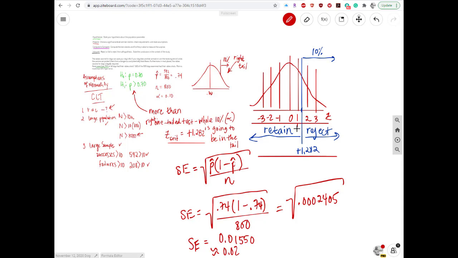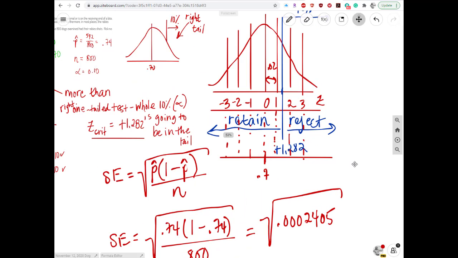I'm going to make a little dotted line here. That's my 2, my 3, my 0, negative 1, negative 2, negative 3. And right here, my 0 is going to be the population proportion, so 0.7. And this distance is going to be approximately 0.02.